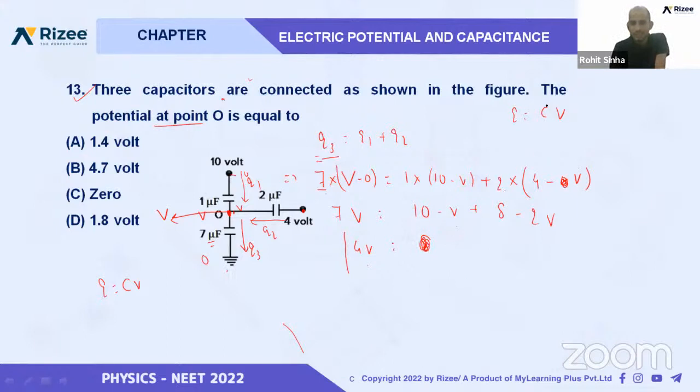That's good. This is my calculation mistake. Yes, V is equal to... thank you. It will be 10 volt is equal to 18, so V will be 1.8.